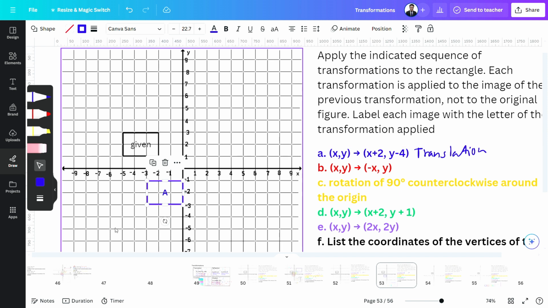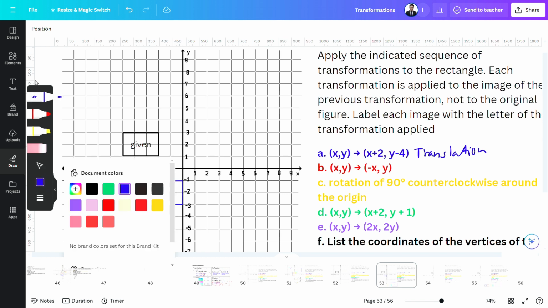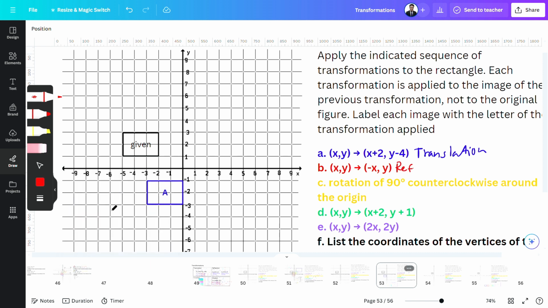Now, let's do the letter B. In letter B, what's that? This one is actually, again, a reflection because we changed the sign. Now let's check. Where do you think is our line of reflection? Since we changed the sign of the x, it's the x that becomes negative. Our line of reflection would be our what?